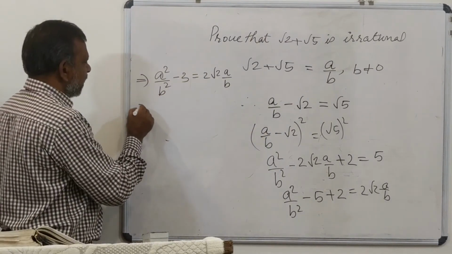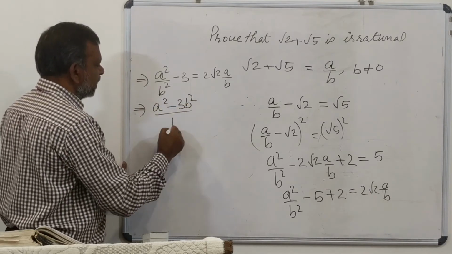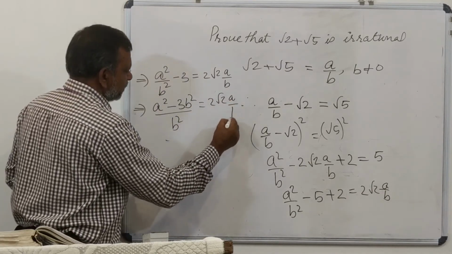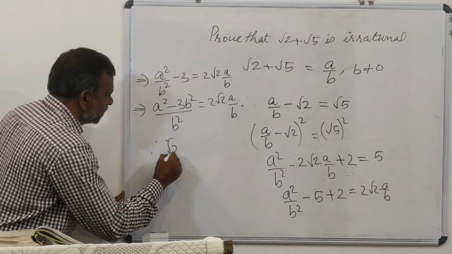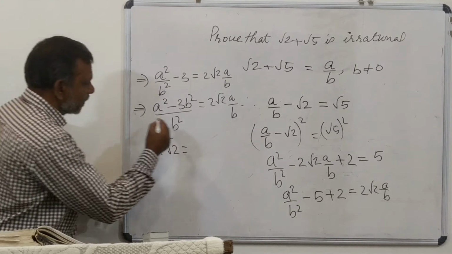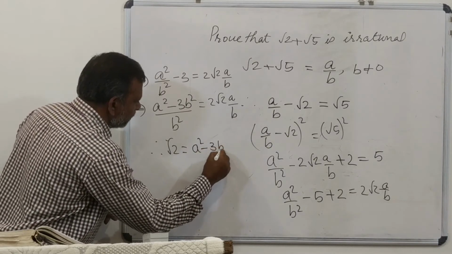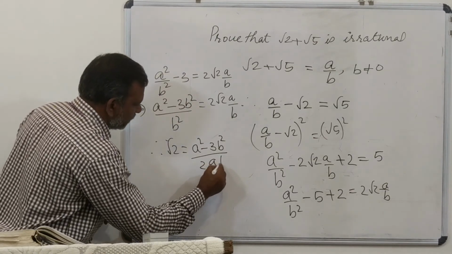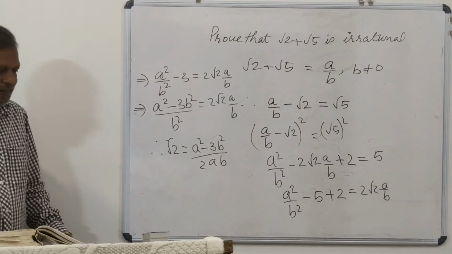Simplifying, a square minus 3b square by b squared equal to 2 root 2 a by b. Therefore root 2 equals a squared minus 3b squared divided by 2ab.